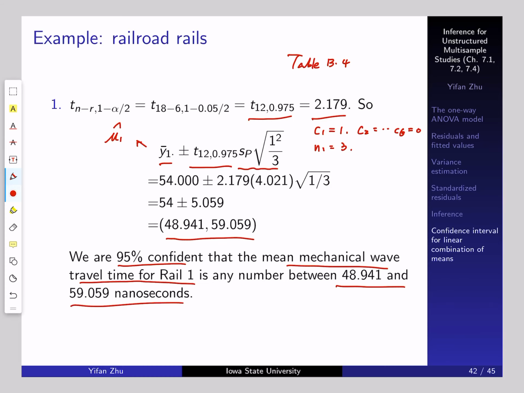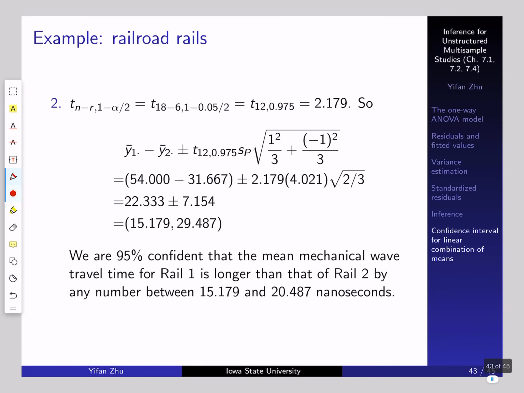Okay, and next, the two-sided confidence interval for mu1 minus mu2. We use y1 dot bar minus y2 dot bar here, because it is mu1 hat minus mu2 hat. And again, we use the same quantile because it's a 95% two-sided confidence interval.